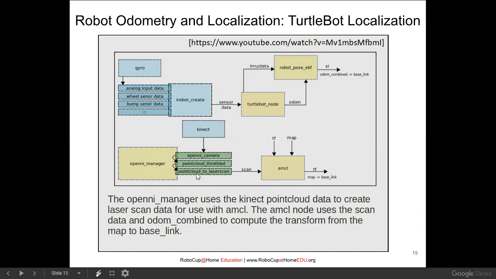It gives you the data for the 2D scan, the scanning that I just mentioned. Then we have something called point cloud to laser scan. The laser scan comes from all directions in one plane, and we input this data into the software tools that we use for localization.